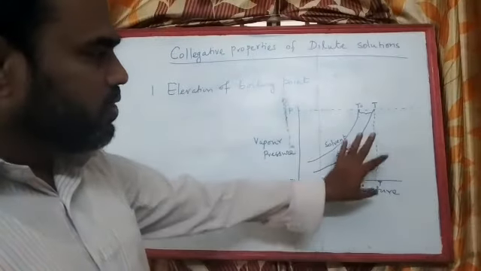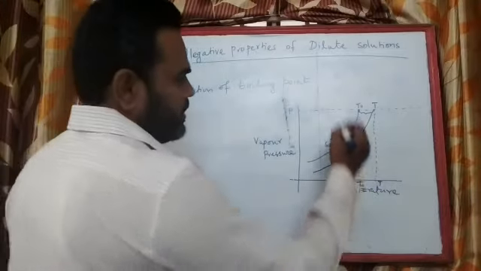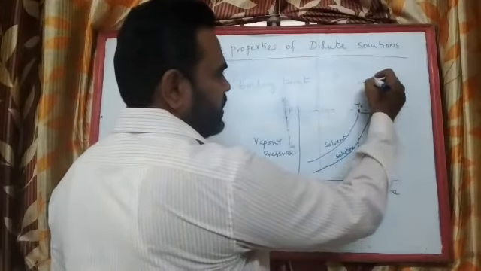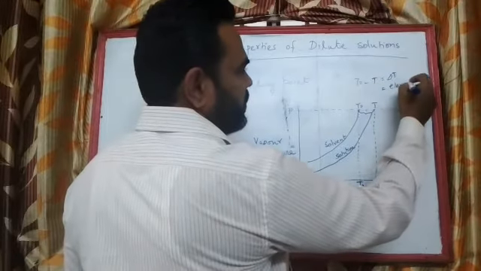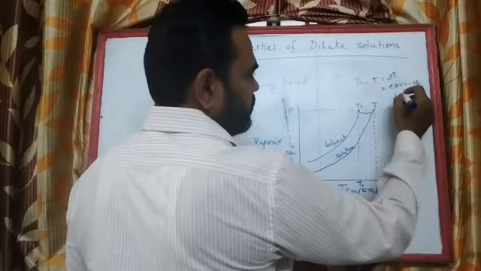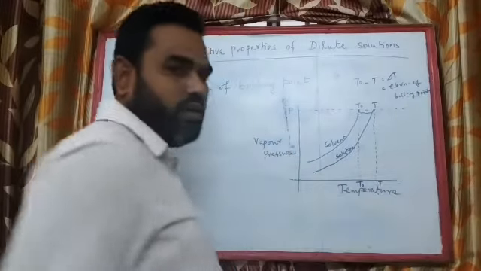This diagram shows the elevation of boiling point. The temperature T0 minus T, or delta T, is called elevation of boiling point. Is it clear?